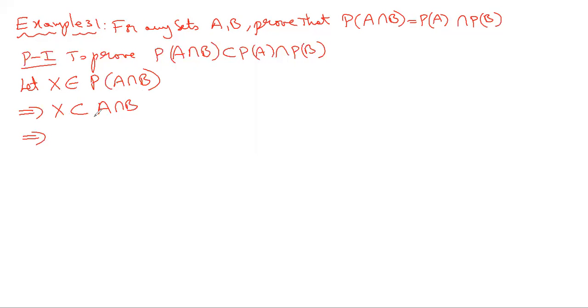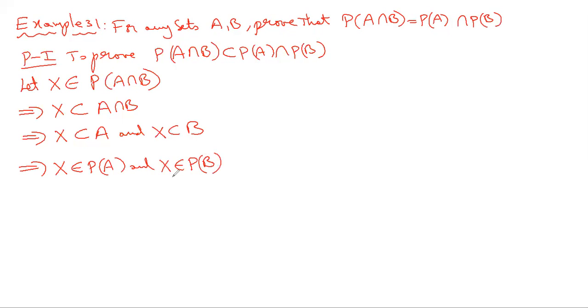When X is a subset of A intersection B, X is an element of the common part of A and B. So X must be a subset of A and X must be a subset of B. Now, because X is a subset of A, by the definition of power set, X must be an element of power set of A. And again here also, X must be an element of power set of B. That implies X is an element of the first set and the second set.